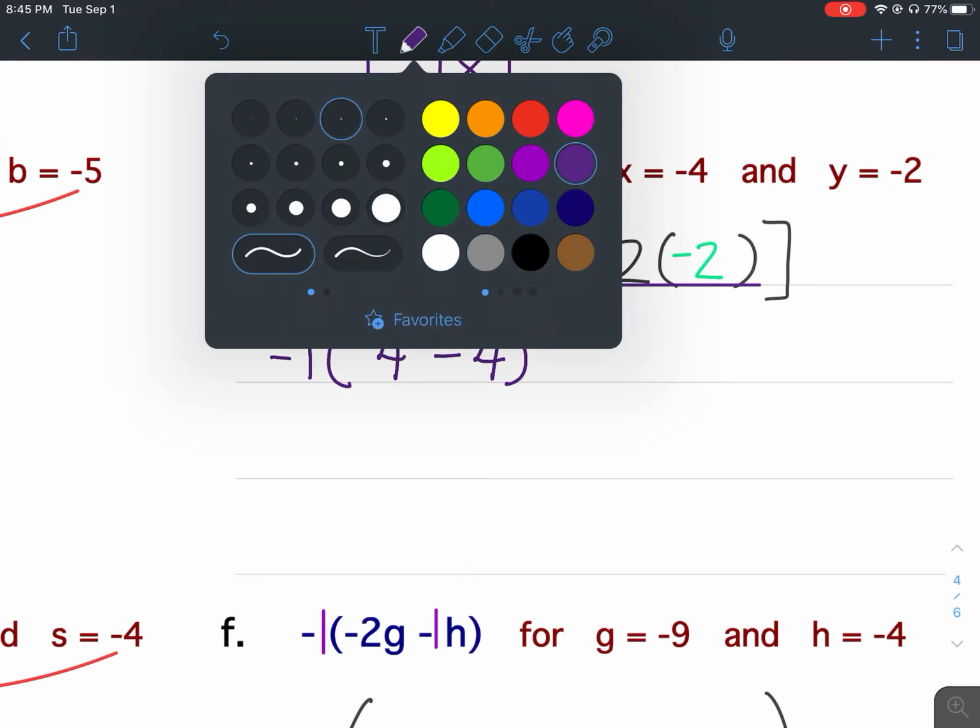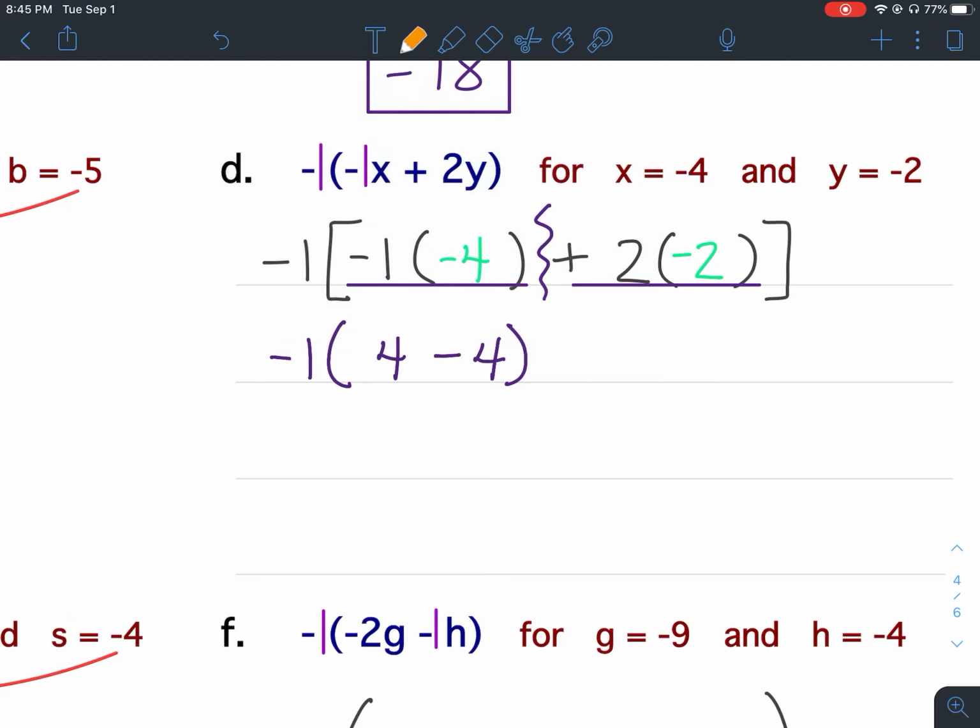And again, following my order of operations, I need to do what's inside the parentheses first. Well, 4 minus 4 is 0. So I'm going to bring down the negative 1. And now my last step is to finish by doing this multiplication right here. Well, 0 times anything is 0.